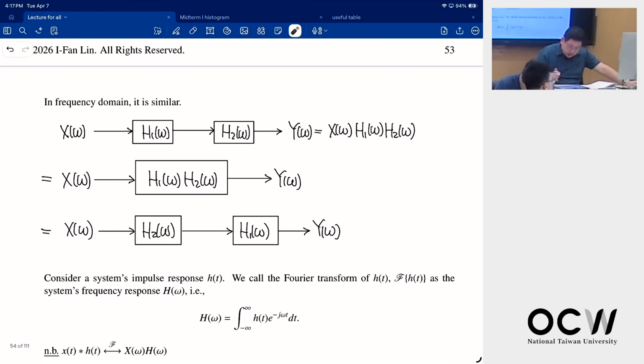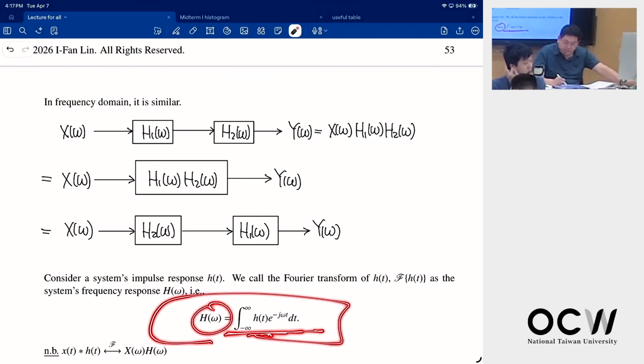So let's consider a system's impulse response h. If I have an impulse response h, then the Fourier transform of this impulse response is H of omega. That's the frequency response. We have already seen that before, right?